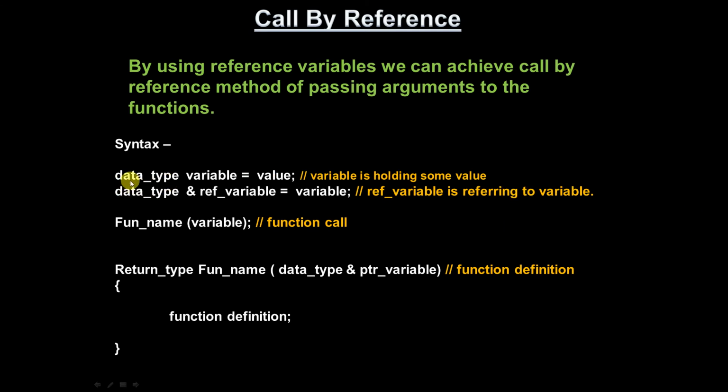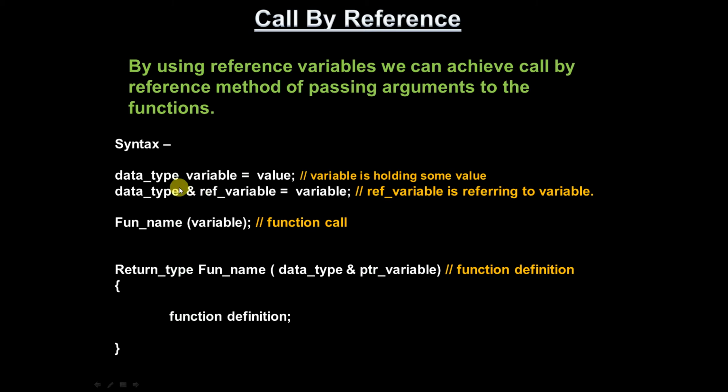Assume you have a variable: data type variable equals to value, holding some value. Now I want to give one reference name to this variable. Then the syntax will be: data type, ampersand, reference name. Here it is not an address operator, it is a reference operator.